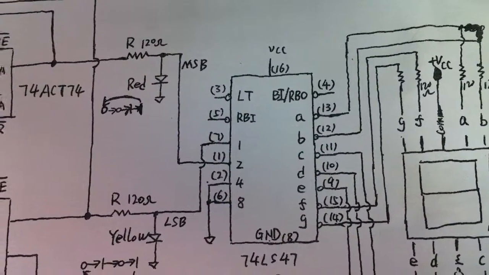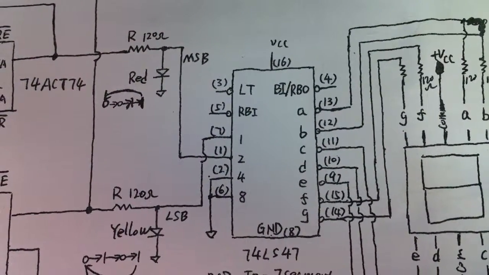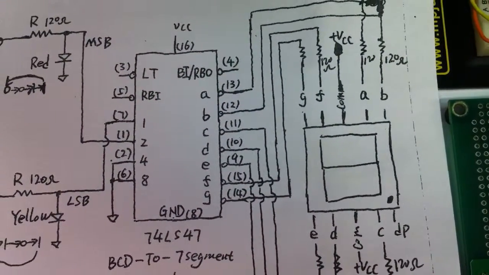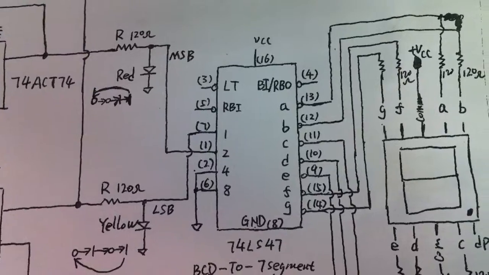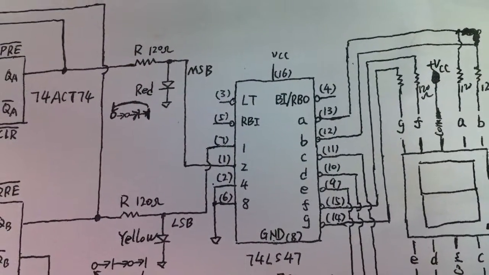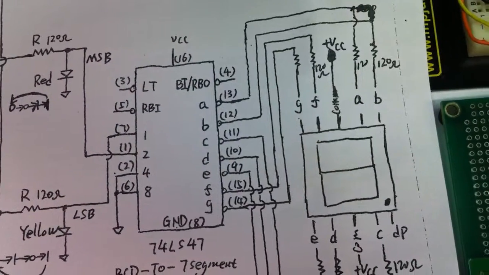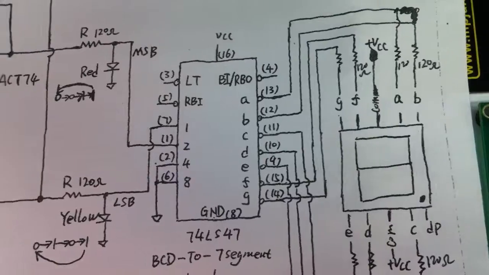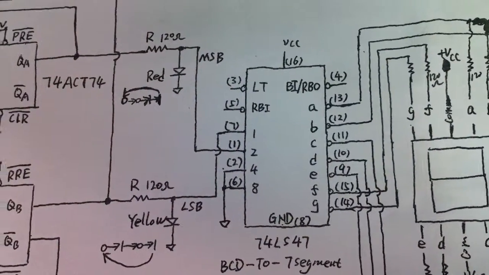If we use more 7-segment displays, we will use pin 4 and pin 5 and connect them accordingly. Here we just use one 7-segment display to show one single decimal number, so we can leave those three pins open.